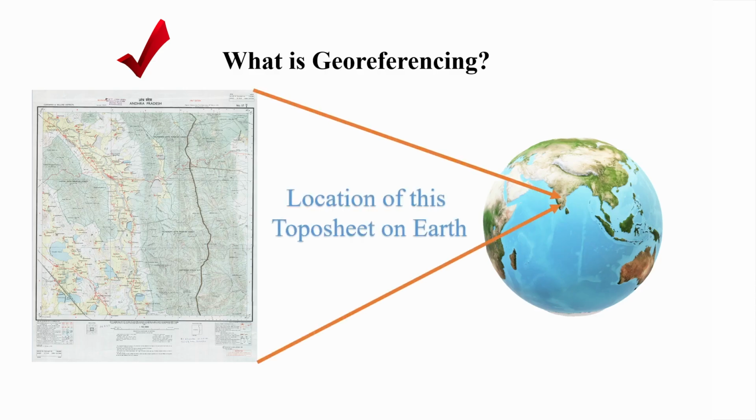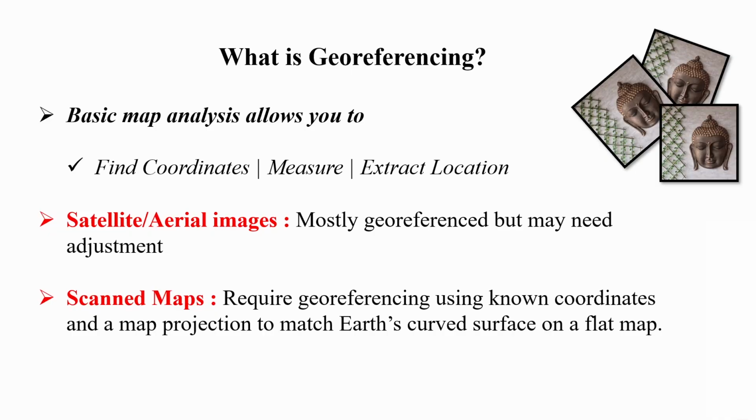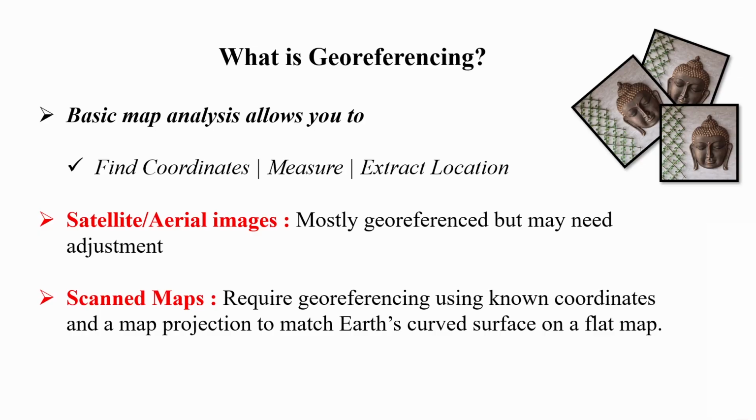So, you can easily understand that we want to represent the Toposheet on the real world, exactly where it is going to be fixed. Take the picture of the Buddha: it is tilted at a different angle, and fixing it exactly in place is what we generally understand as georeferencing. Likewise, we want to fix the Toposheet exactly where it belongs in the real world. That is the georeference.